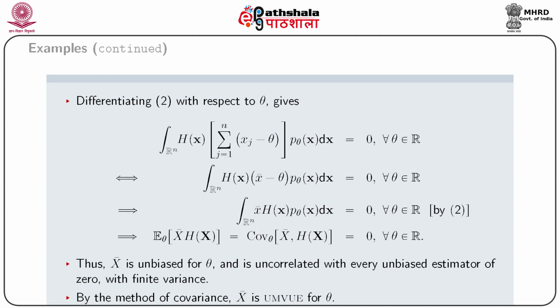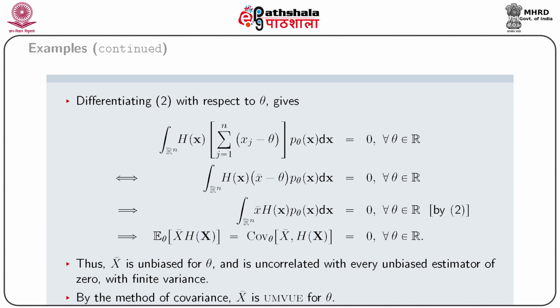Differentiating with respect to theta, we get integration of h(x) into summation over i from 1 to n of (xi minus theta) into f theta(x) dx equals 0 for all theta, which implies integration of h(x) into (x bar minus theta) into f theta(x) dx equals 0 for all theta, which implies integration of h(x) into x bar into f theta(x) dx equals 0 for all theta, since expectation of h equals 0 for all theta.